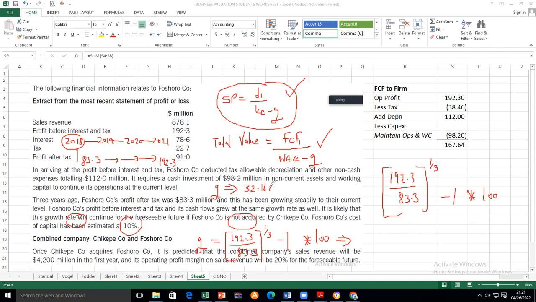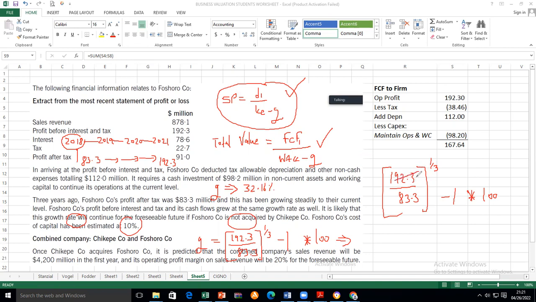Mr. Piri, yes, please. The question says 3 years ago, F company's profit after tax was 83.3, and this has been growing steadily to the current level. So the current profit after tax was 91, not operating profit.